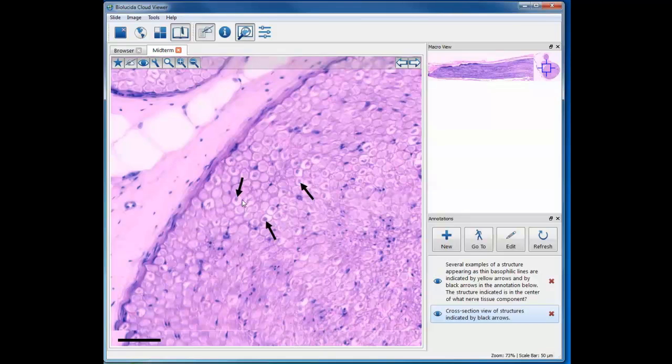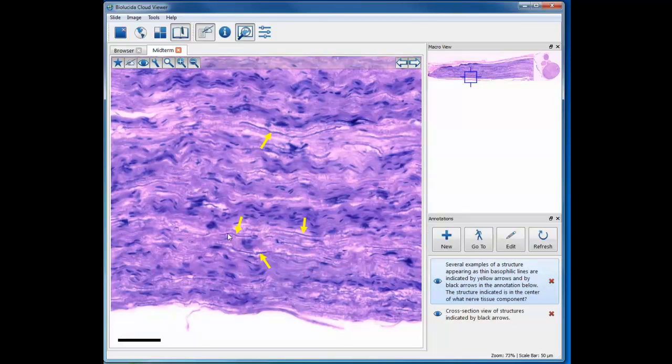And surrounding that, between all these, is the endoneurium. If we go back to the longitudinal section, you can see that dot is now shown as a line. And the precise name for that is the axis cylinder. It's in the center of a nerve fiber, and the light area is the myelin sheath.